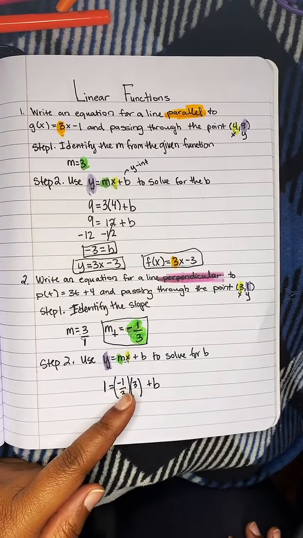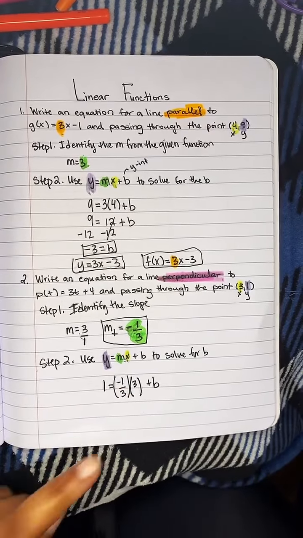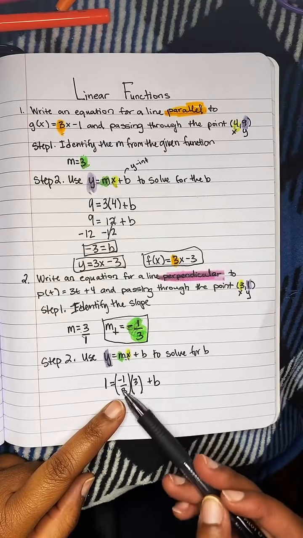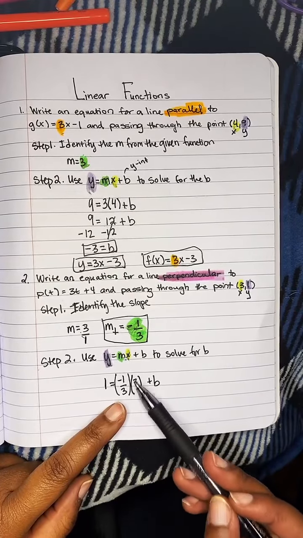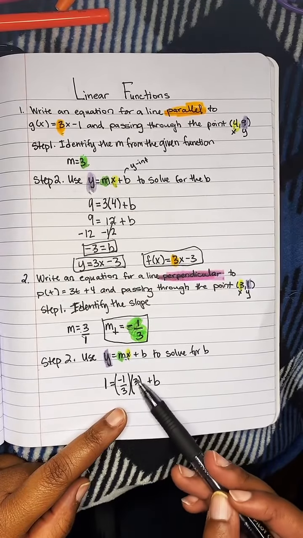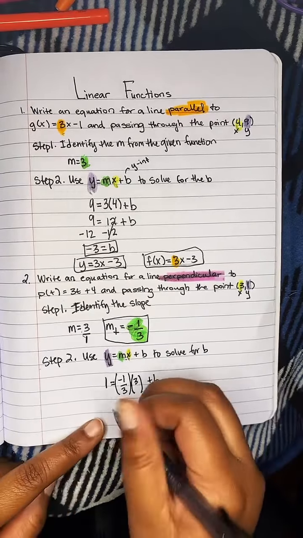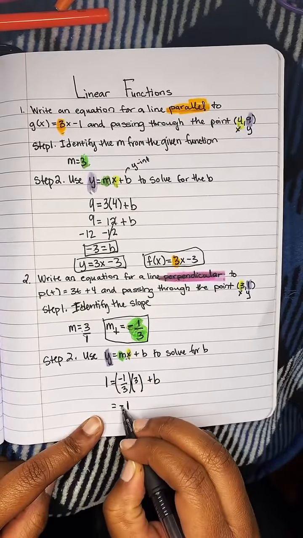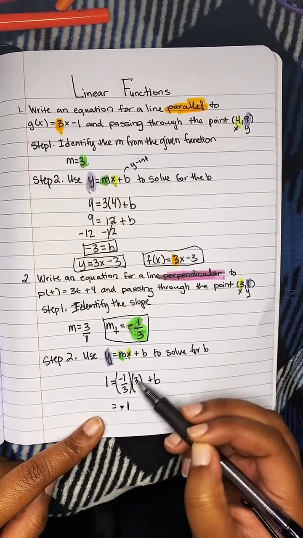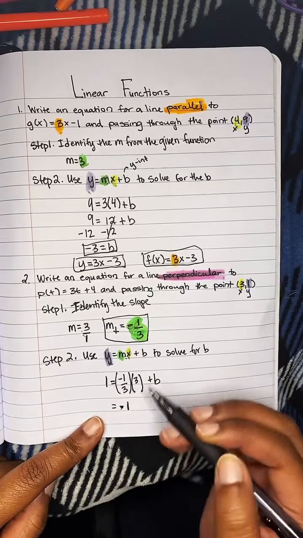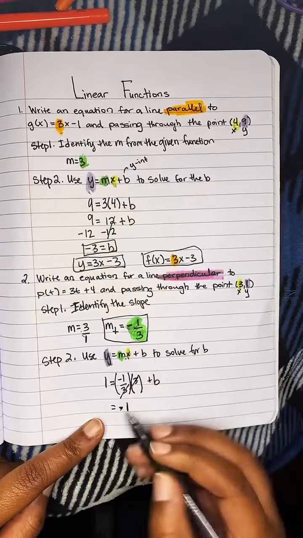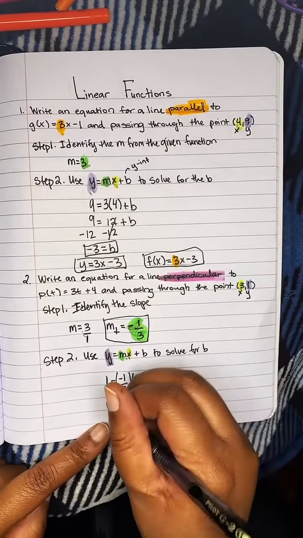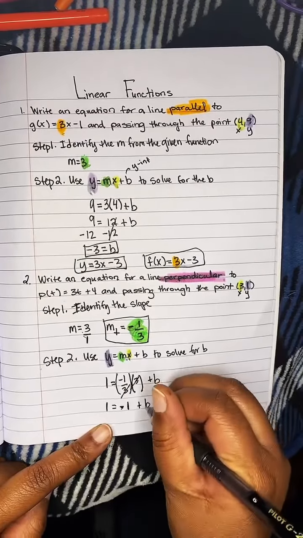Basically, when you see something like this, you're saying, what's 3 divided by 3? 3 divided by 3 is 1, but then we have this negative here. So how you look at these is they're dividing. So 3 divided by 3 cancels, and you're left with -1. We have this -1 here plus b.